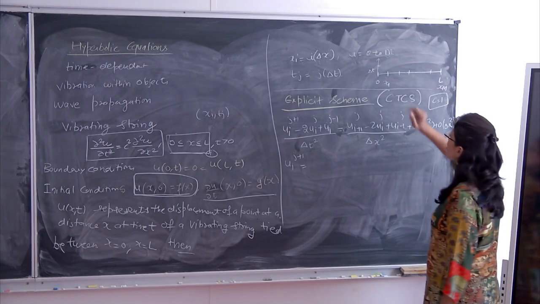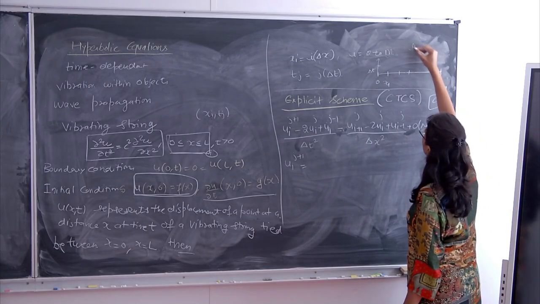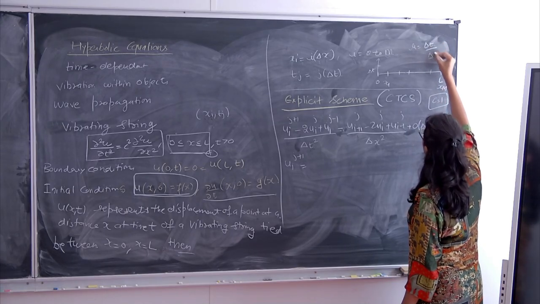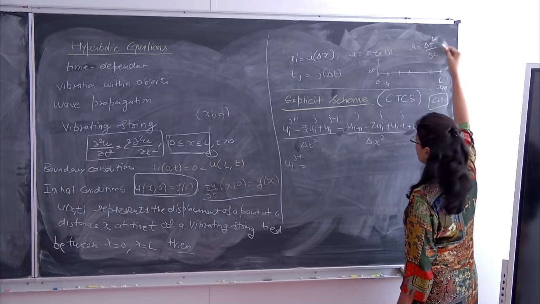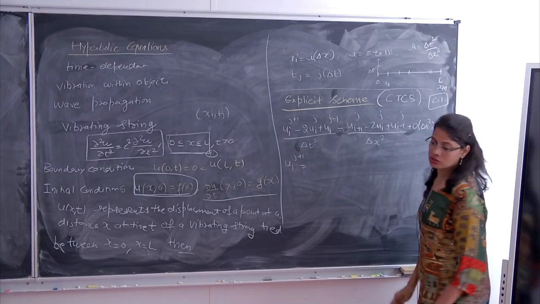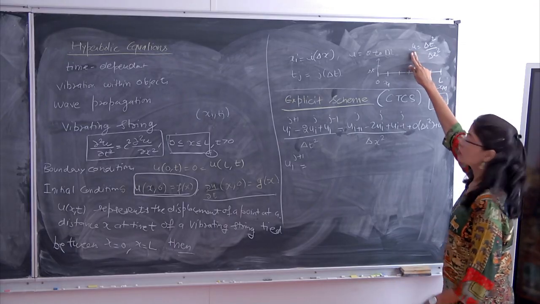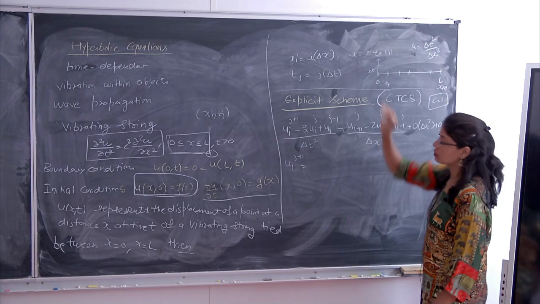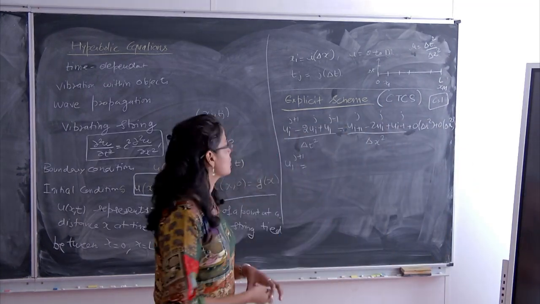In the previous class, yesterday's class, I was writing r as delta t by delta x square, but here I am writing it as delta t square by delta x square. So don't be confused with that notation from the previous class. If you have any doubt, you can write this as some other constant rho or some other value.